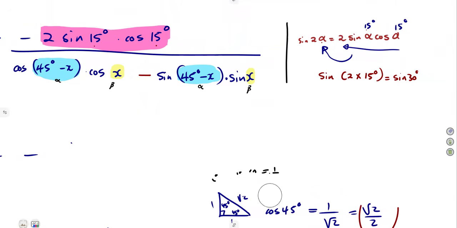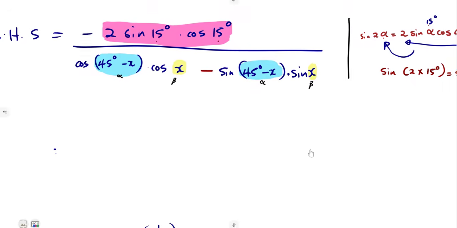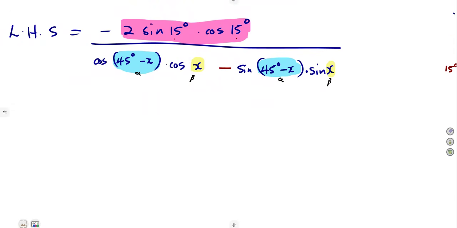Okay, no problem. Maybe you did not notice that. But maybe somehow you noticed the 2 sine 15 cos 15, because somehow 15 degrees is going to be from half angles. You can use those ones from half angles to calculate sine 15 and cos 15.